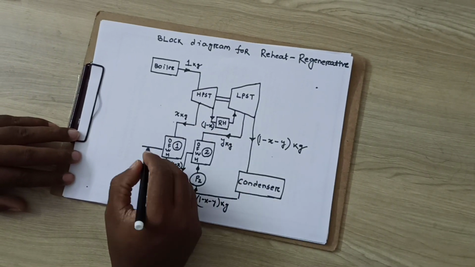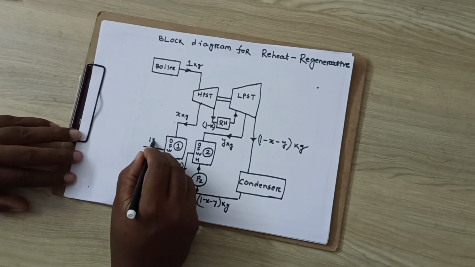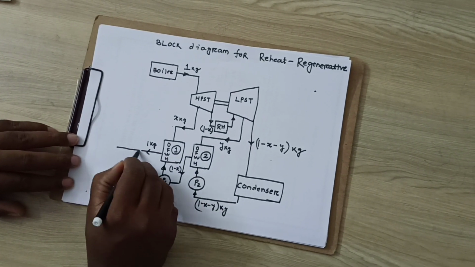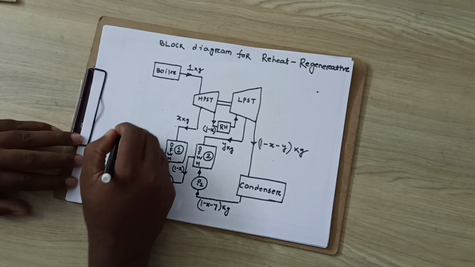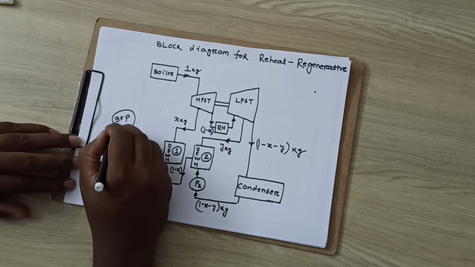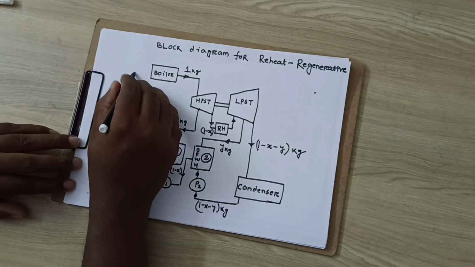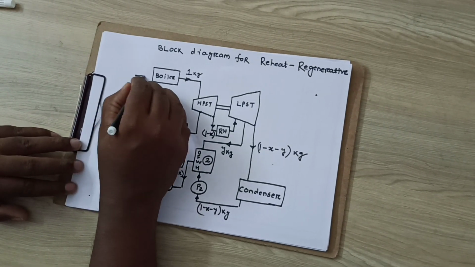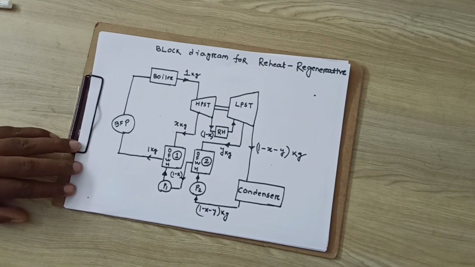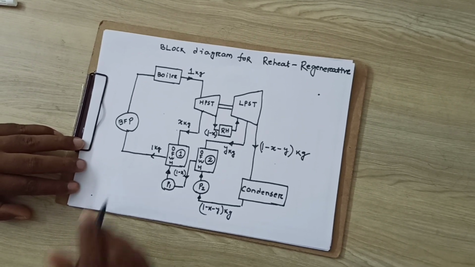When these two are added, this will again be 1 kg feed water. So this will be fed to the boiler through a boiler feed pump. This is the BFP, boiler feed pump. Complete.